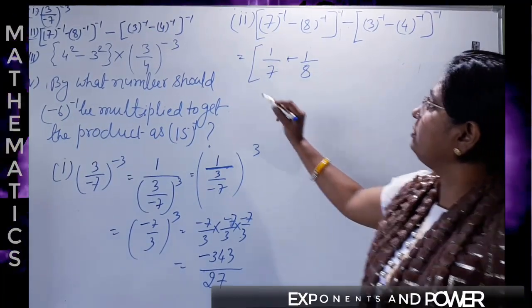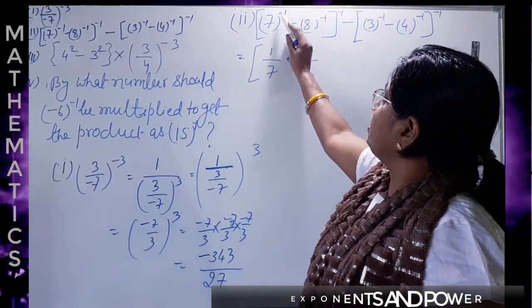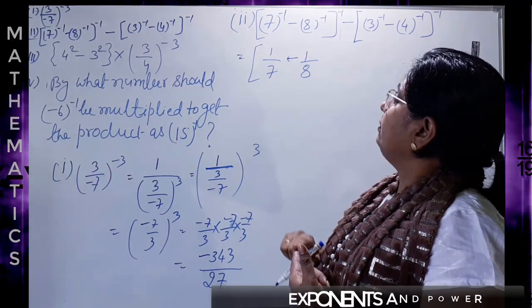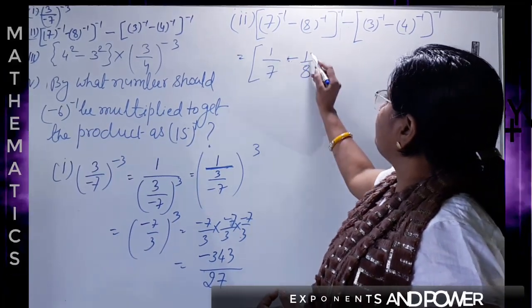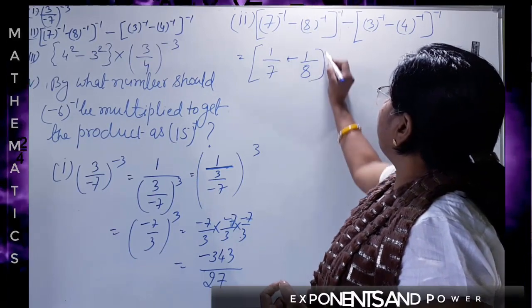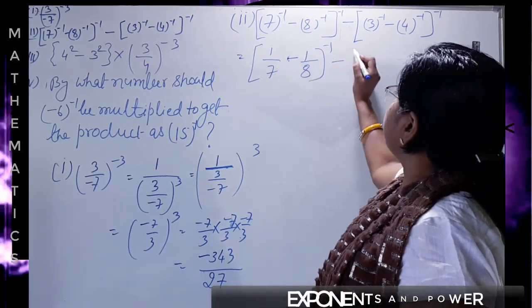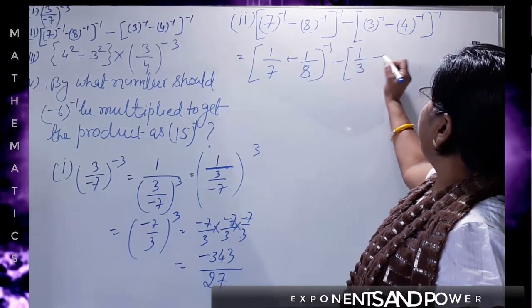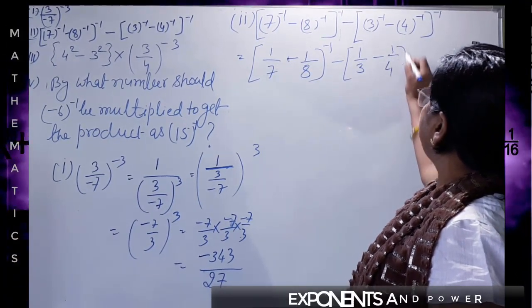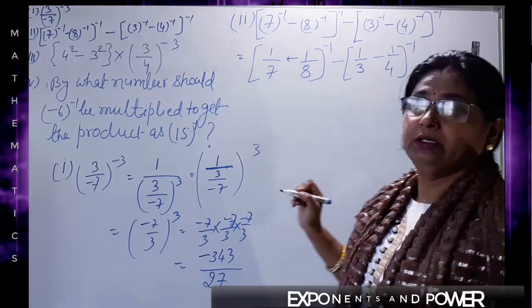Going to explain it: 7 to the power minus 1 is the reciprocal, 1 by 7. So (1 by 7 minus 1 by 8) to the power minus 1 minus (1 by 3 minus 1 by 4) to the power minus 1.